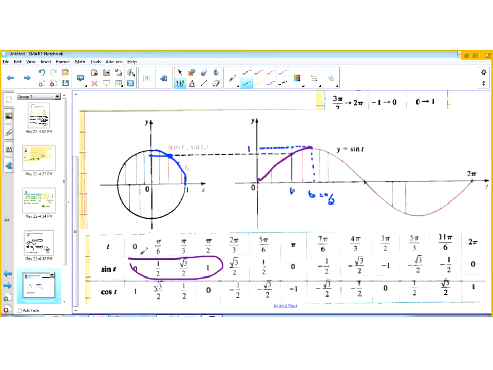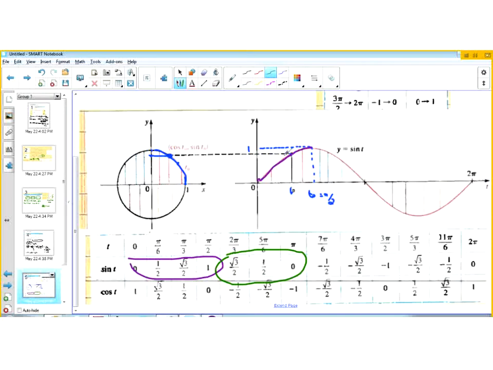Okay? Now, from pi halves to pi, again we use our knowledge of the ordinates of the terminal numbers from pi halves to pi, and we'll get the set of outputs right here.